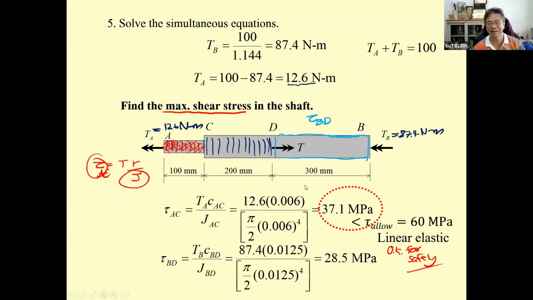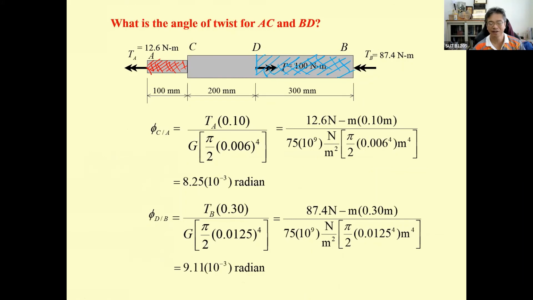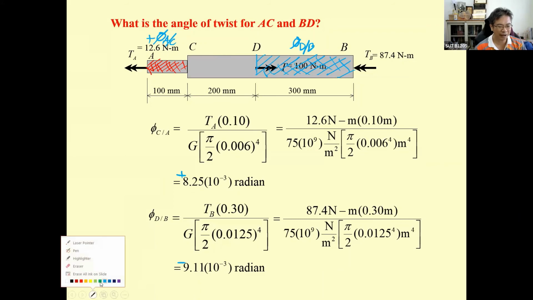We didn't make another new one, just use the old equation that we have. So we have this one for phi D/B and this one for phi A/C. This is positive, this is positive, this is negative. Okay, and then we also can determine phi C/D, because what?